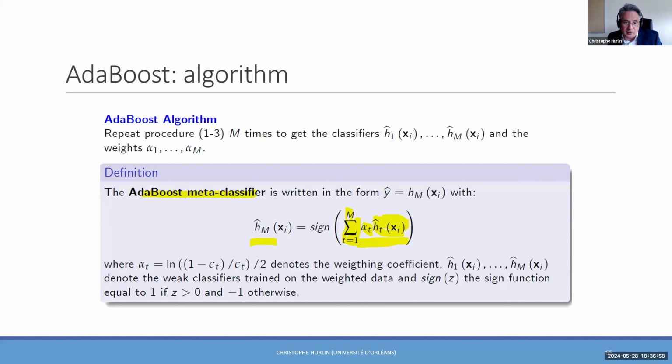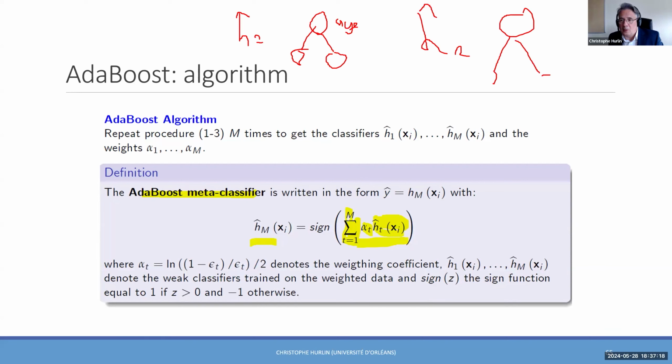So at the first stage, I have H1. H1 is simply a decision stump based on the age. At the second stage, I train a model, and the model is also a decision stump, based this time on the car price and the threshold of 10,000 euros.